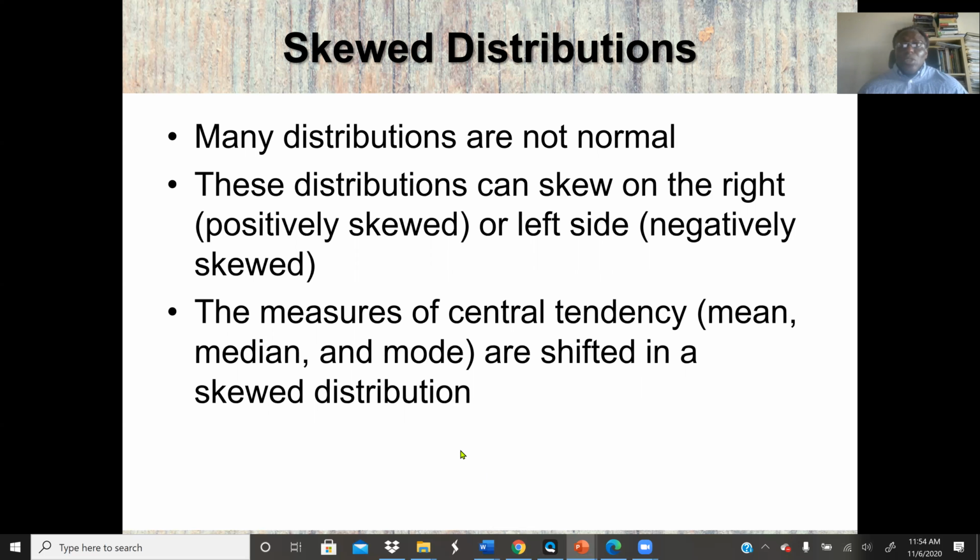Positive skew is when the mean is greater than the median. Normally, we can also calculate the skewness of any distribution. The skewness will be the mean of the distribution minus the median of the distribution, divided by the standard deviation of the distribution.